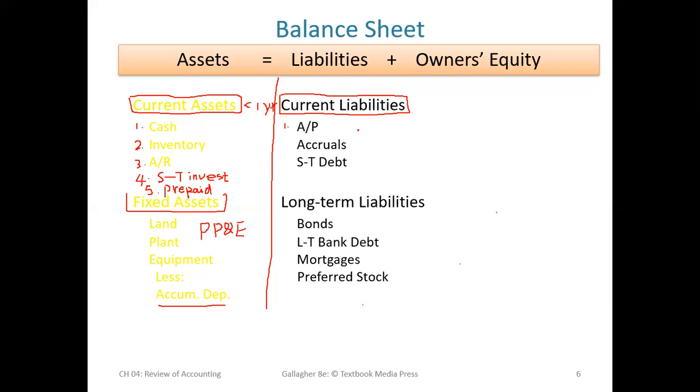You purchase materials, but you have to pay the suppliers. Then accruals, like employees' wages and salaries. And the third one is short-term debt, meaning a short-term loan goes to current liability.